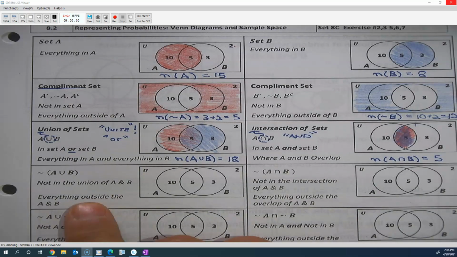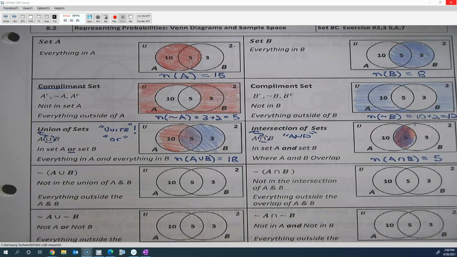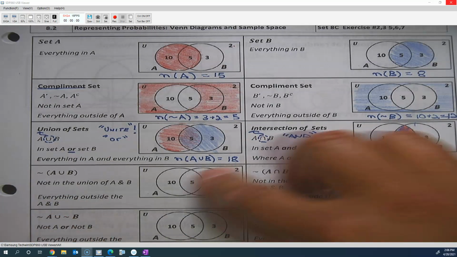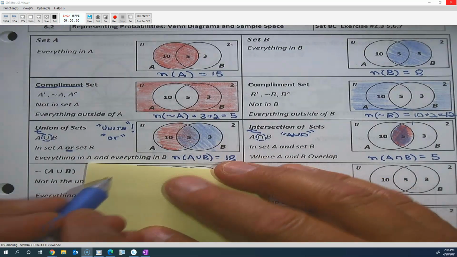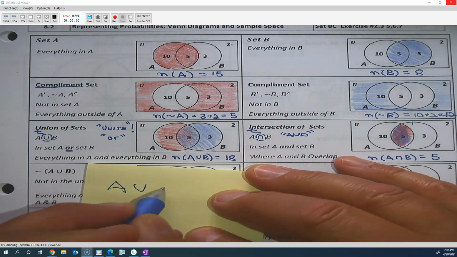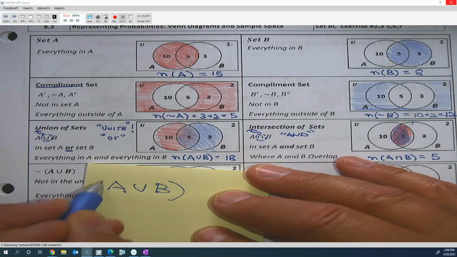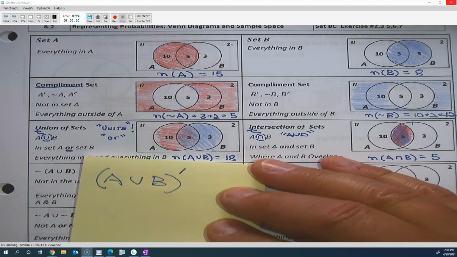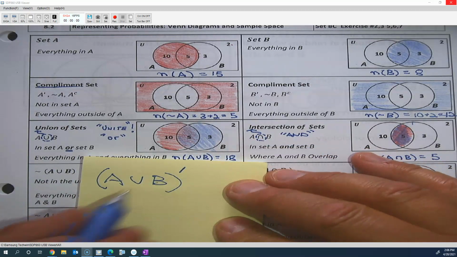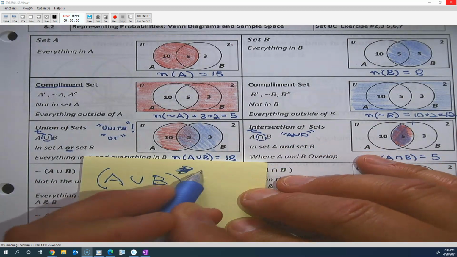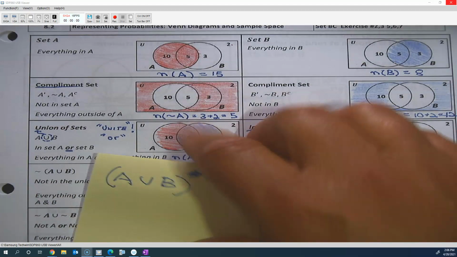Now our next one here. When I see the little squiggle or an apostrophe, these are both the same thing. So if it said A unified with B and it had a little apostrophe, it means the same thing as this. Or if there was a little C written right here, it means the same thing.